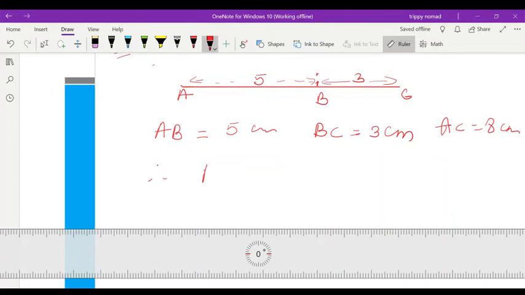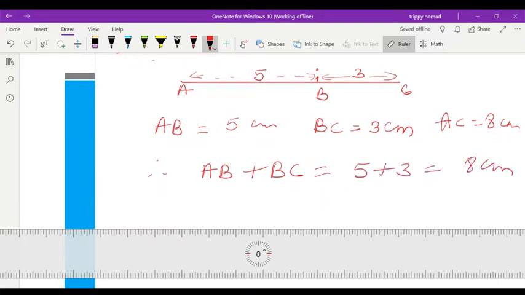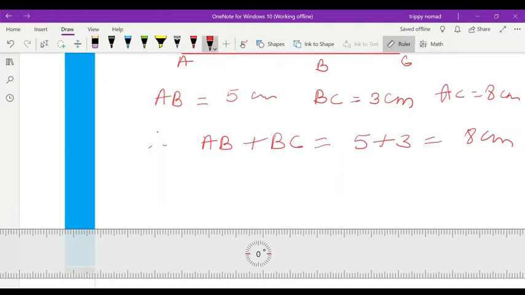Therefore, AB plus BC is equal to 5 plus 3 is equal to 8 centimeter. So where does the B point lie? Therefore B lies in between A and C. I hope you understood this.